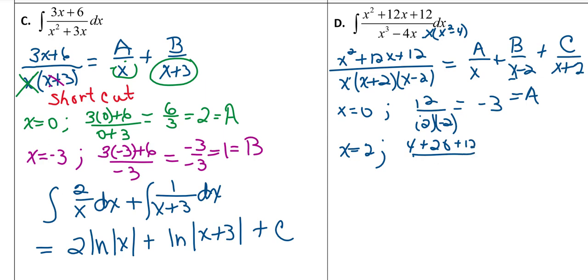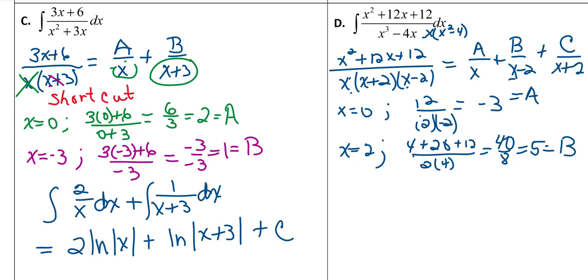In the bottom now this term is gone, so I have 4 times 2, which is going to be 8, so I have 40 over 8, which is 5, so that's my B.